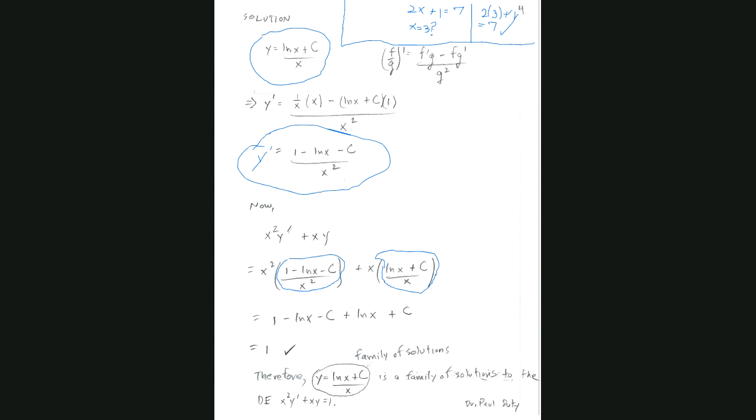So it turns out that y equals the log of x plus a constant, all over x, is a family of solutions to our differential equation. And differential equation, we can abbreviate by just the letters DE. So it checks out.